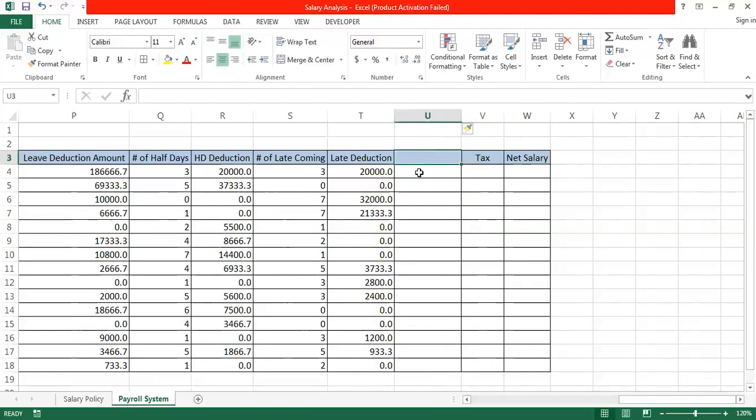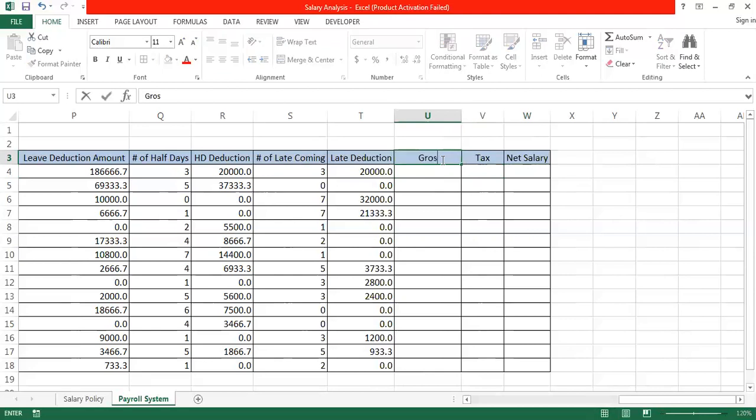First, I'm going to calculate the gross salary. Then on the basis of gross salary, we are going to calculate taxes. And then we are going to subtract the taxes from the gross salary and get our net salary.